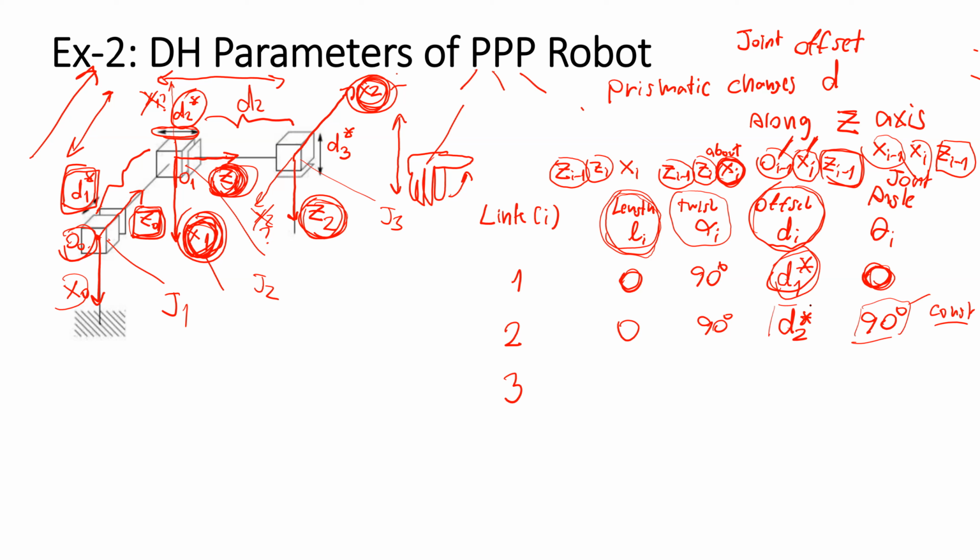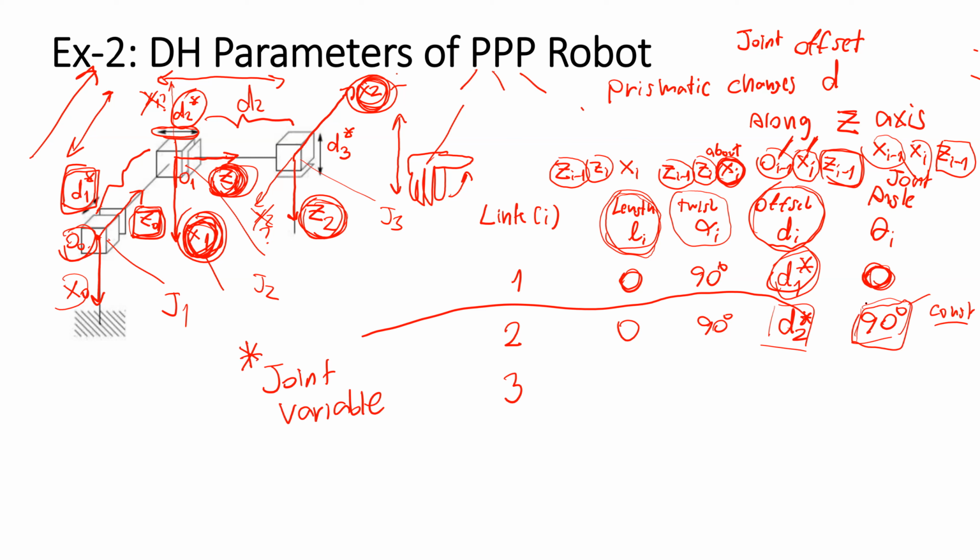The joint variable, the star, is the joint variable and can change. In this prismatic robot, the joint variable is the offset, and the angle, the joint angle, is constant.